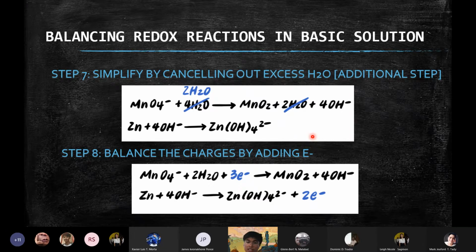Now, we need to balance the charges by adding electrons. We added earlier 3 electrons on the reactant side of the first half reaction, and 2 electrons on the product side of the second half reaction.